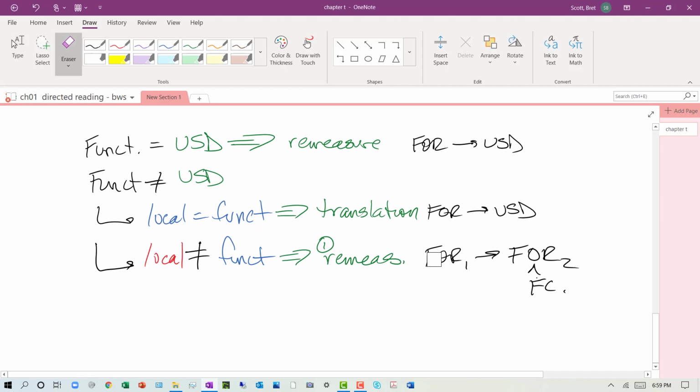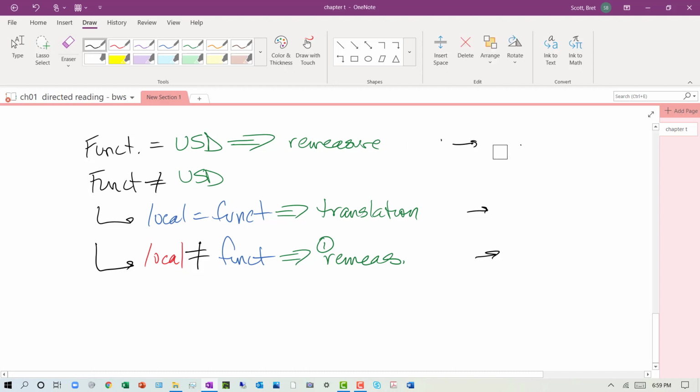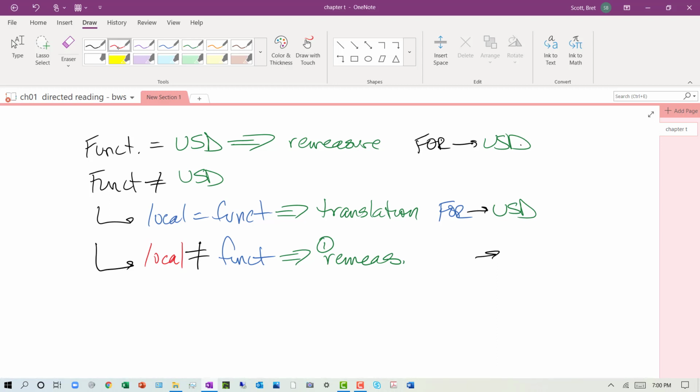Translate from, let me use colors. That will help. Foreign into US dollars. It's got to be perfect, right? No, it doesn't. Foreign, whatever it is, red or blue, needs to be converted into US dollars. Convert, remeasure.